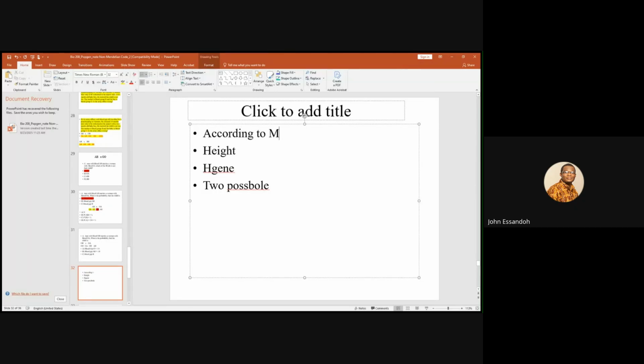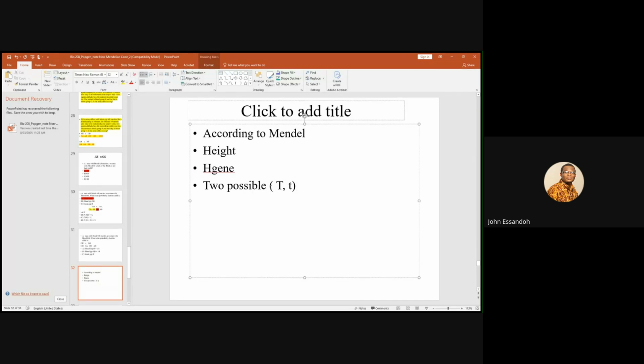So we have height. This height gene is the gene controlling height, but this gene has two possible alleles: either capital T, which is the tall allele, or small t, which is the short allele.